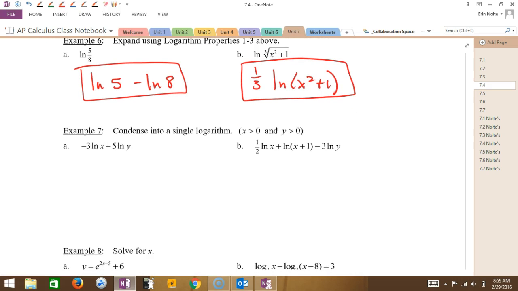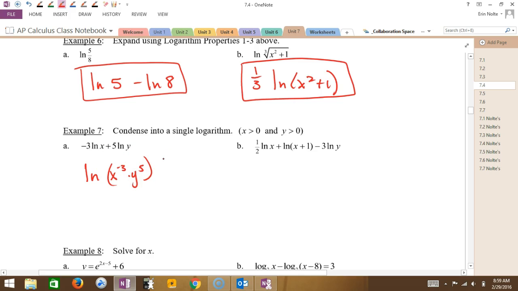Okay, what if we go the other way and condense into a single log? How would I do 7a? Remember, a minus is like dividing and a plus is like multiplication. Natural log. X to the 3rd y. Okay, so I'm going to tell you there's 2 ways you can write this. You can say the natural log of x to the -3rd times y to the 5th.